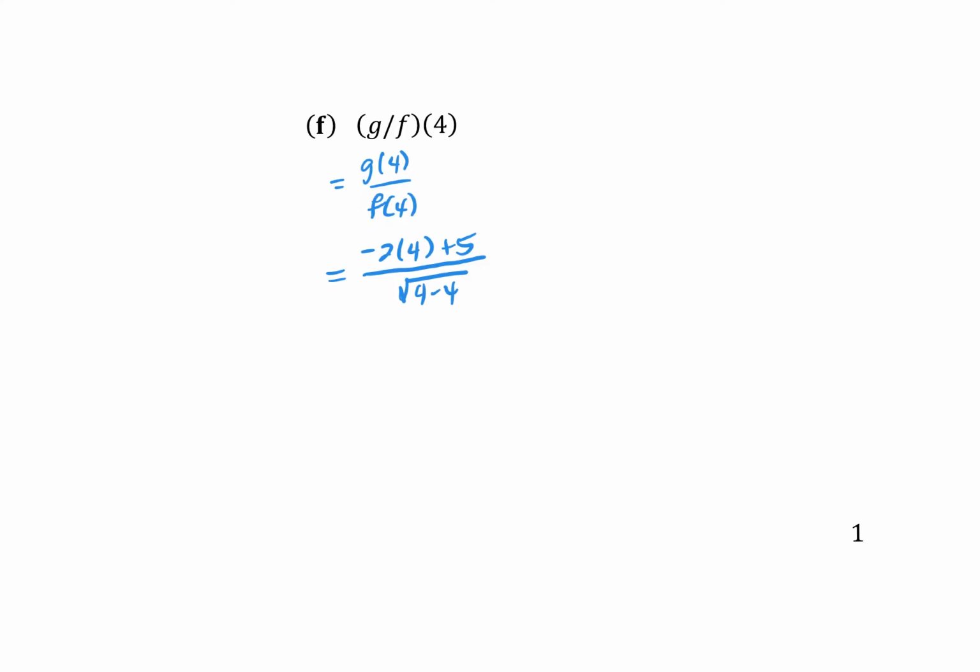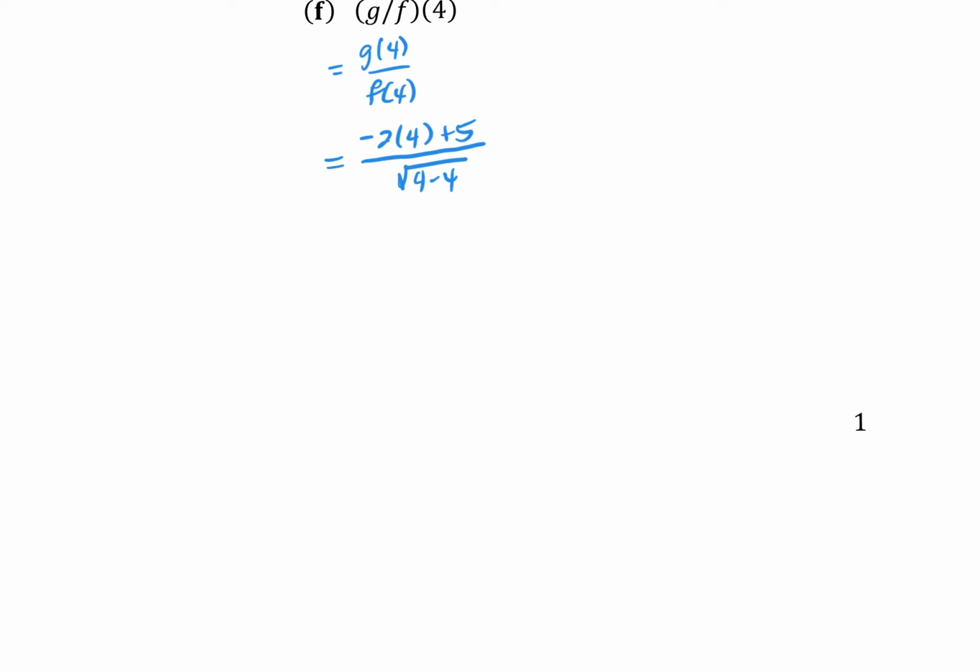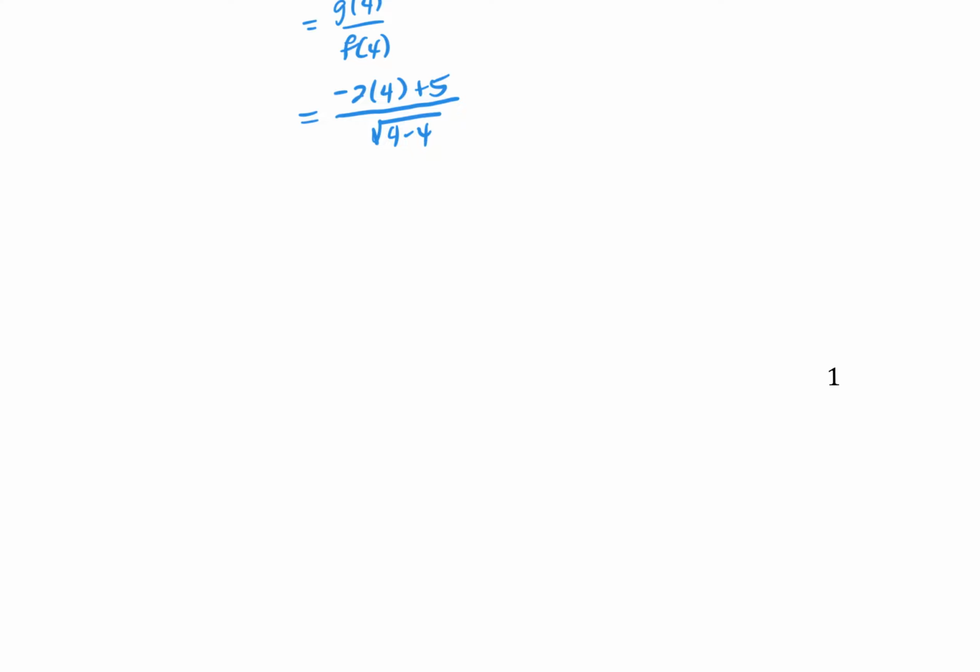So unfortunately, we're going to get a 0 in the denominator. We're going to have negative 8 plus 5 in the numerator, which would give us negative 3. But we have 0 in the denominator. So that just means it's undefined. Or you can write DNE for does not exist.